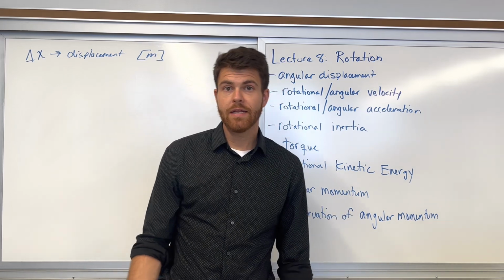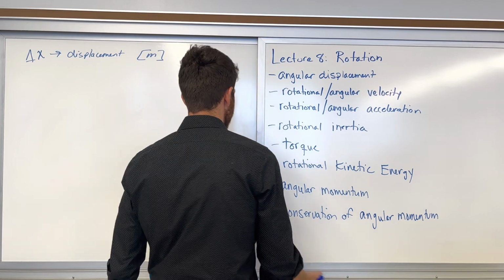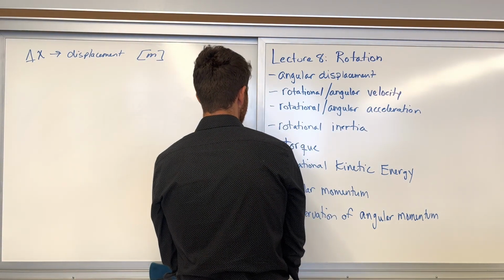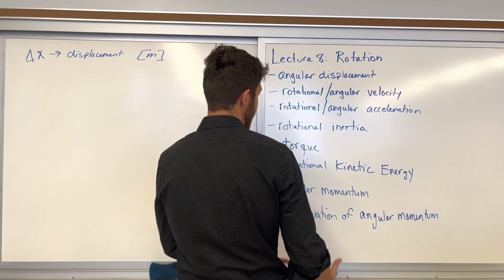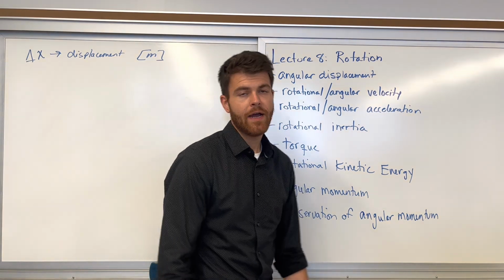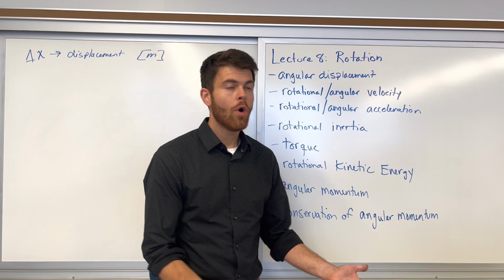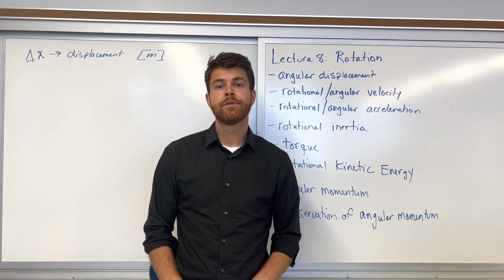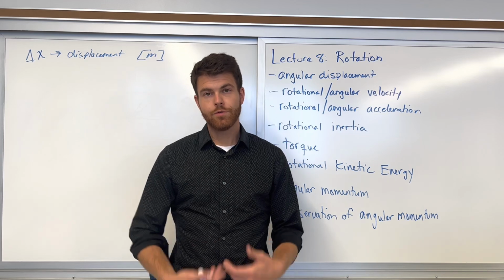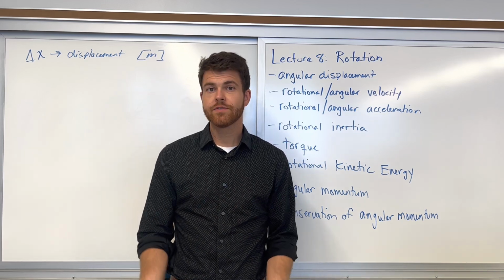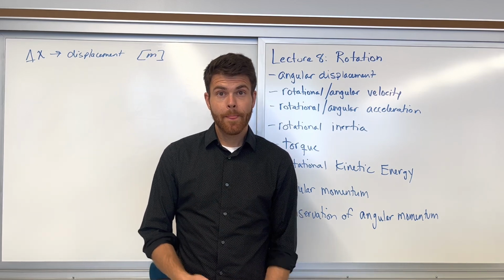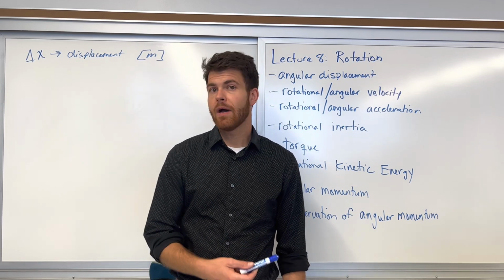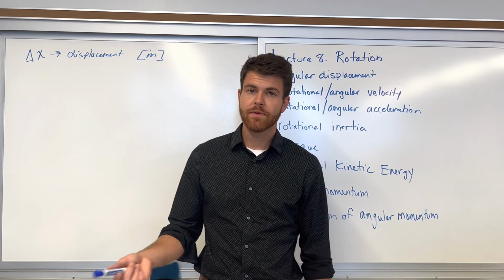If I would rotate instead this much, that is 180 degrees, half a revolution, or pi radians. And finally, if I would rotate 1 full revolution, my angular displacement is 1 revolution, 360 degrees, or 2 pi radians. Now, if I keep on rotating, I would just keep on adding my angular displacement.